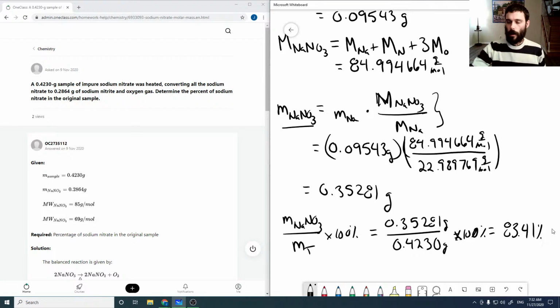And so then that's our percentage fraction of sodium nitrate of the impure sample.